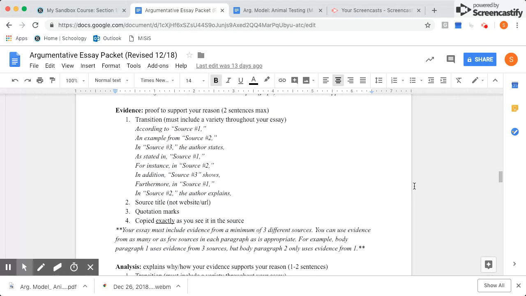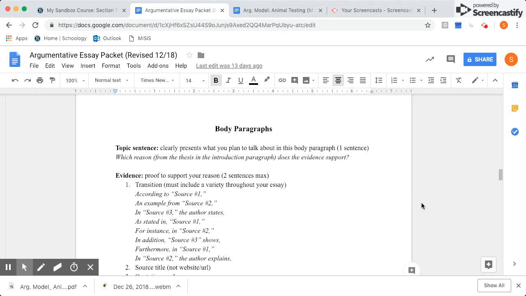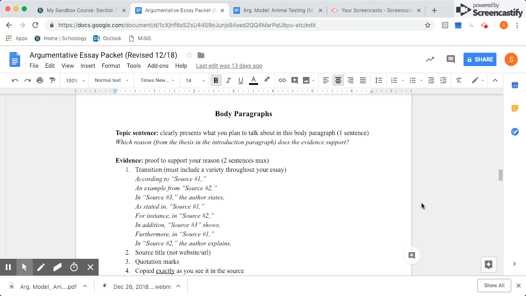So the argumentative essay packet, I'm currently on page 7, and this outlines the different parts. Before I even go into this, I'm going to give you two different suggestions. The first one, when you do your research, I don't want you to come in with specific reasons. I want you to gather the strongest pieces of evidence and then sort them into different categories to create those reasons.